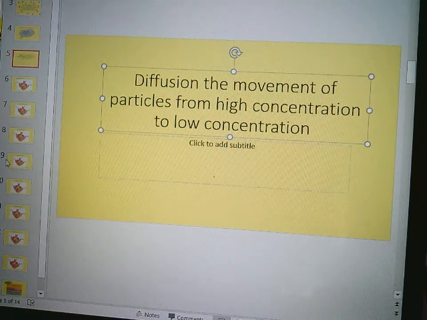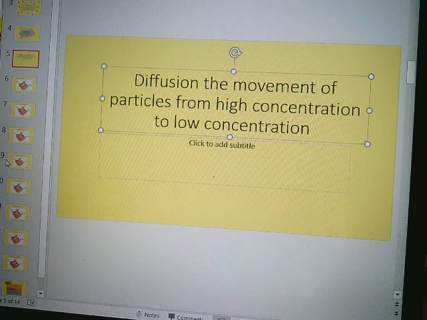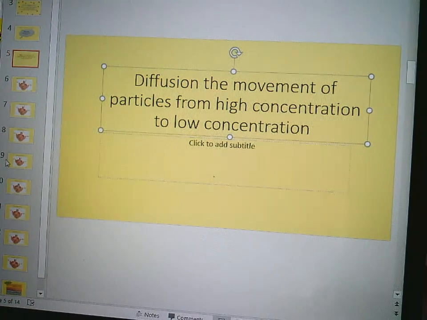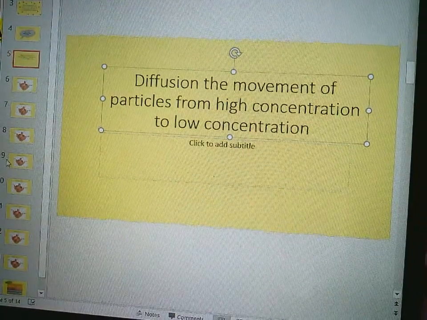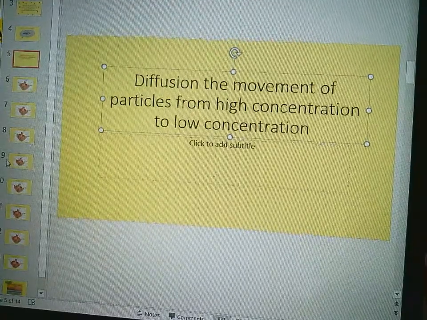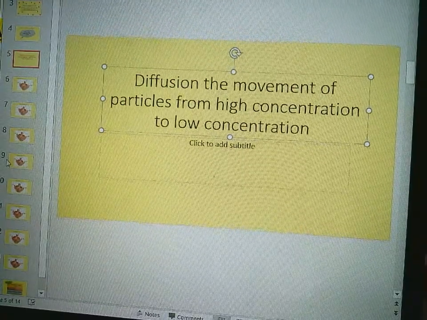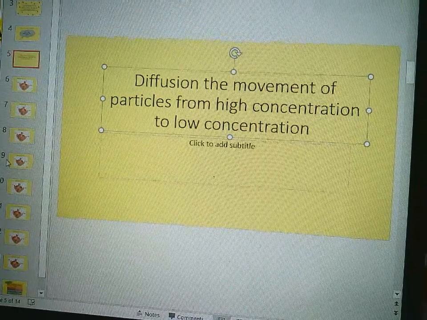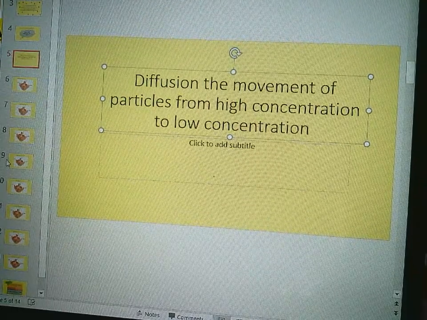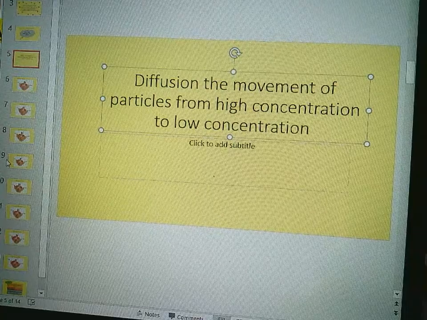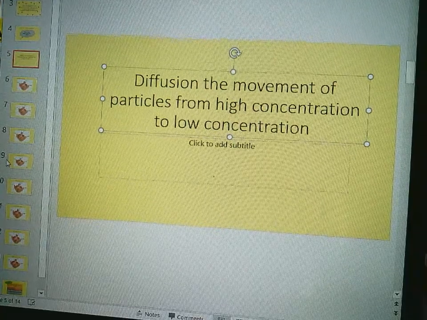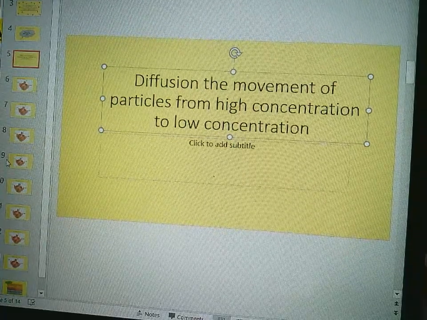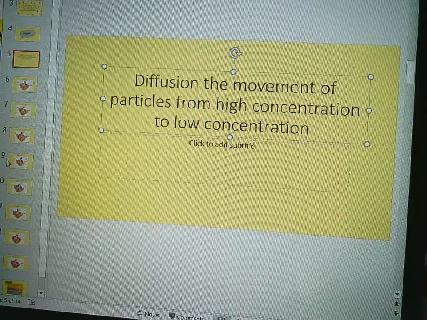If there is a really big difference between the high concentration and the low concentration, so for example, if there's 100 particles on one side and 1 on the other, there's a big difference, then it will happen faster. If the particles don't have very far to travel, it will also happen faster. That will help you with the answer to the first 3 questions on OneNote.